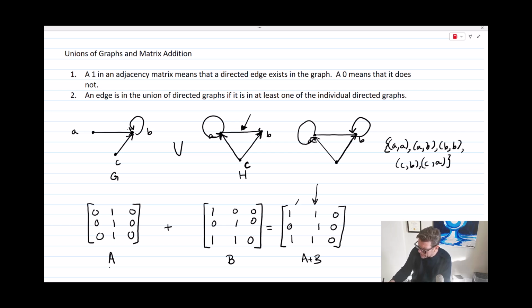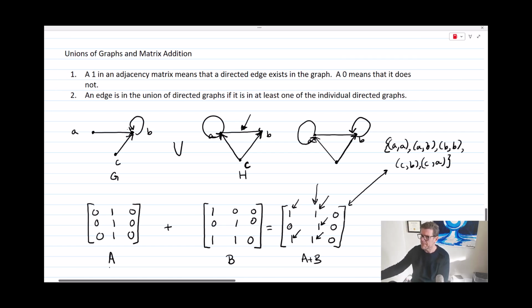And what you can see here, there's your AA, there's your AB, there's your BB, there's your CB, and there's your CA. And what we can see is that that directed edge set equates to the adjacency matrix in A plus B.